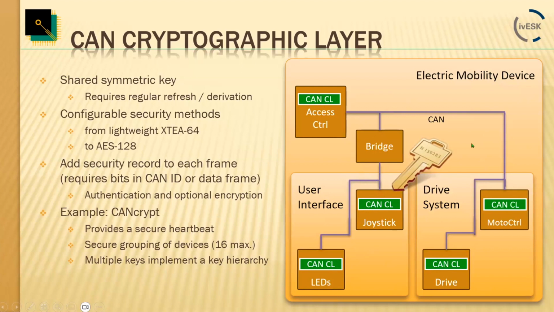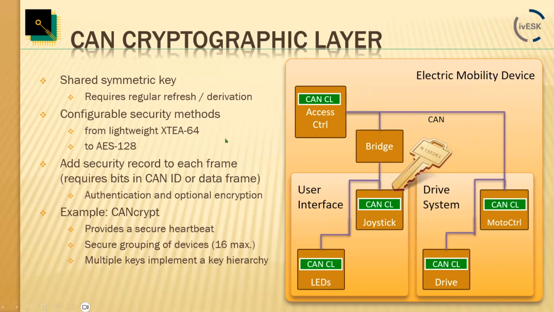Depending on configuration, this can typically work system-wide, even if there are multiple domains. There are a few things to consider, but in general, this is possible. One such commercial solution is, for example, CanCrypt, which has been available for 4 years now. However, it is limited to a maximum of 16 participants, so a maximum of 16 nodes could share a secure communication here.